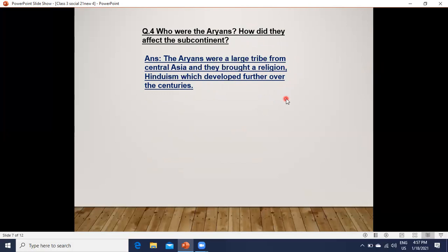So next question is question 5. This is the last question. Describe how learning progressed in ancient India. Give some examples.